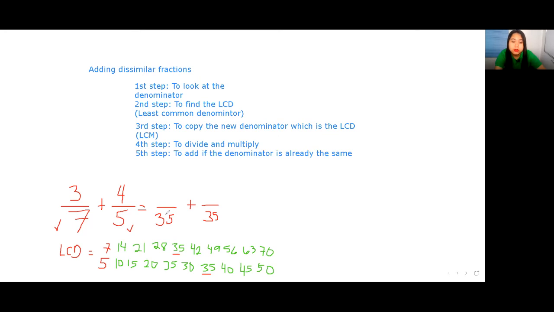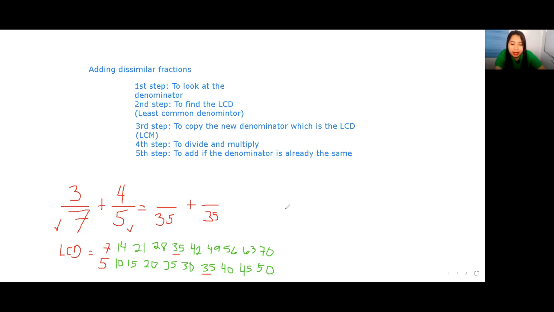Now that we have written the two fractions, the next step is to find the numerators. And how can we find the numerator? By dividing and multiplying. For the first fraction, we divide 35 by the denominator of 3/7.